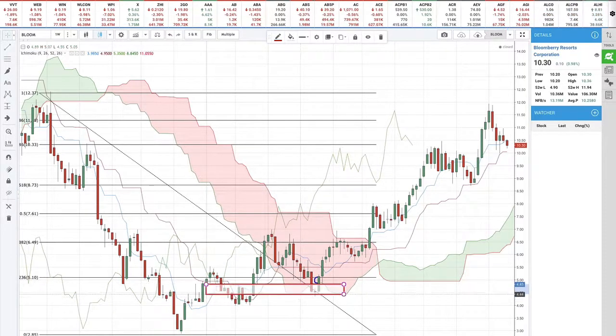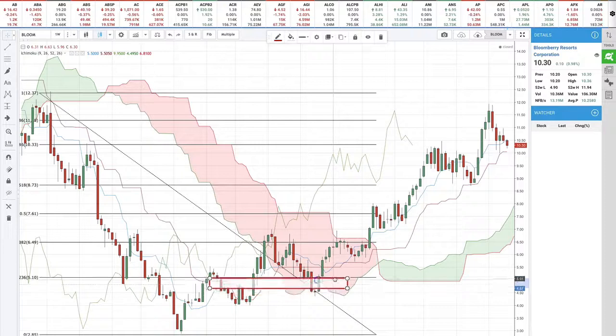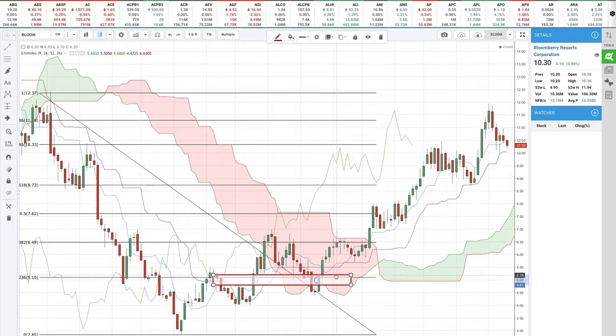And if you look to the left again, the Chico span was able to use the Kijun-sen as a reference area for a bounce. Look to the left, nag-bounce yung Chico span doon sa area na yon, and it broke above the Tenkan-sen. So nag-break out din yung candlesticks mo dito sa 510 or 236 Fibonacci level.